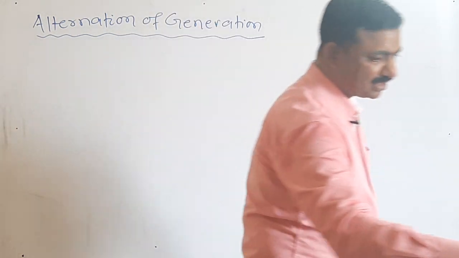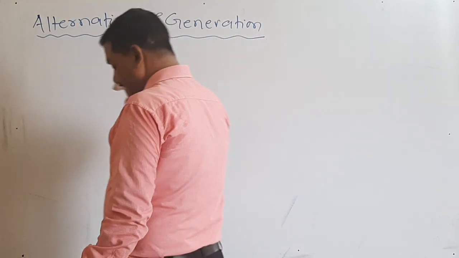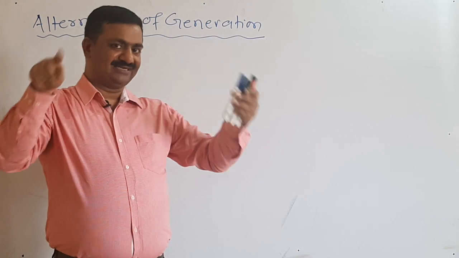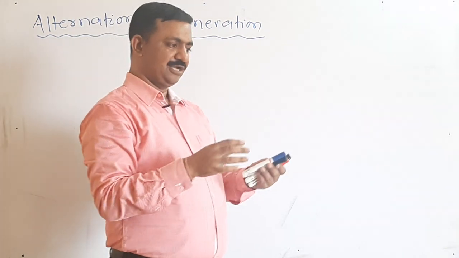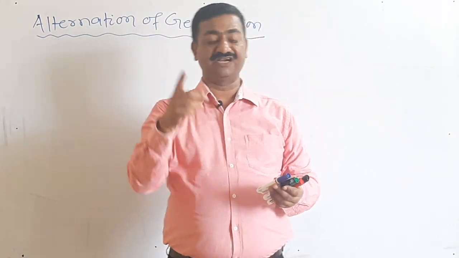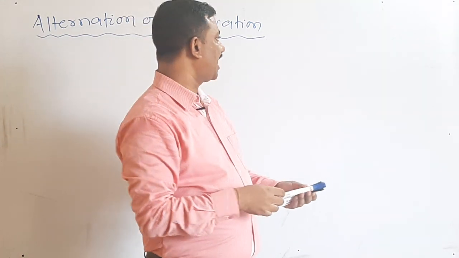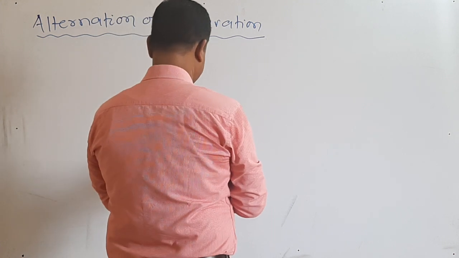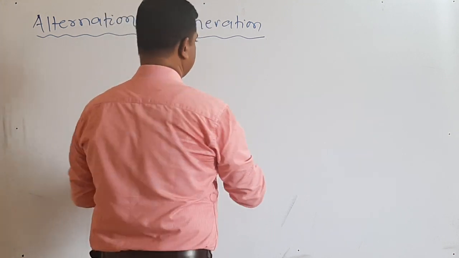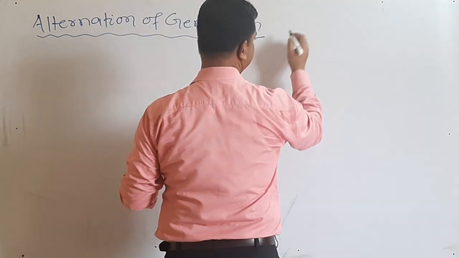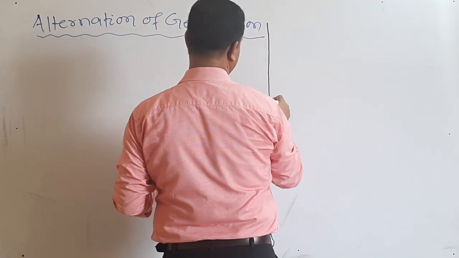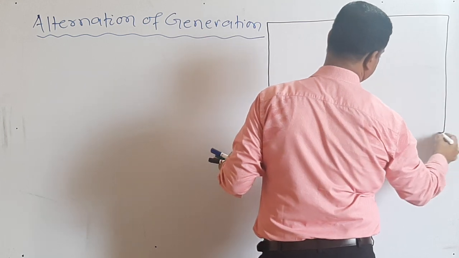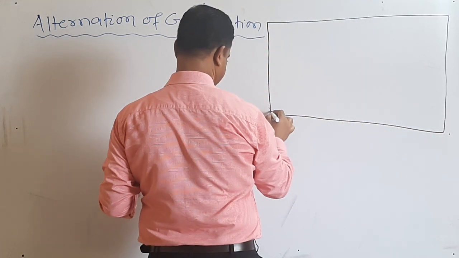Now we'll talk about how we will distinguish the heteromorphic alternation of generation. For that, I will draw a diagram. Notice that. This is a very good diagram that will solve so many of your questions.